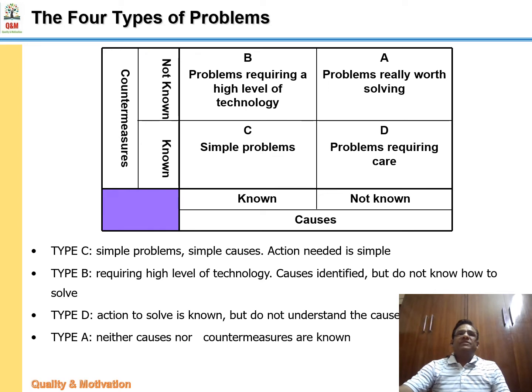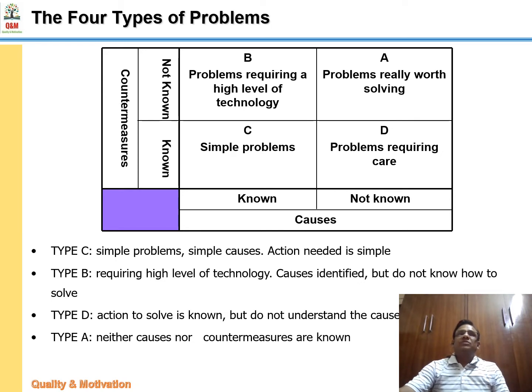First we have C type of problem where we know the causes and we know the countermeasure. This is one of the simplest types of problem. Second, B type of problem, where we know the cause but we do not know the countermeasure. Such type of problem requires high level of technology.